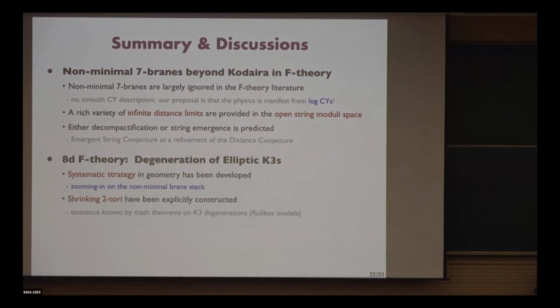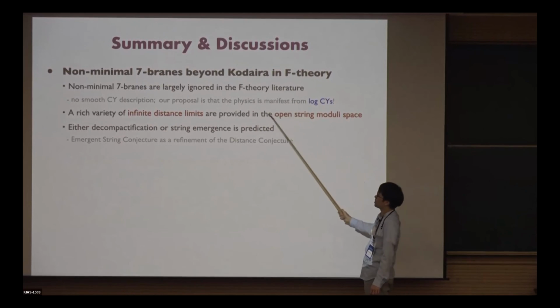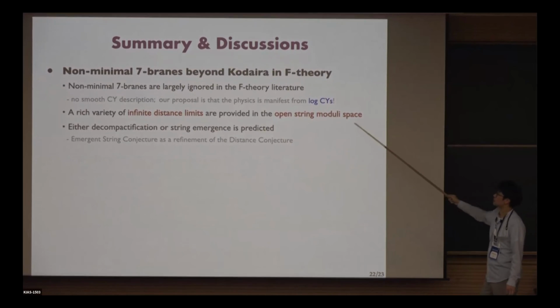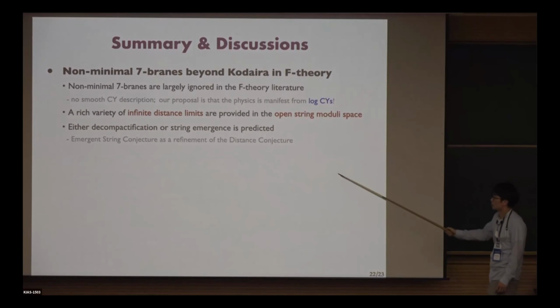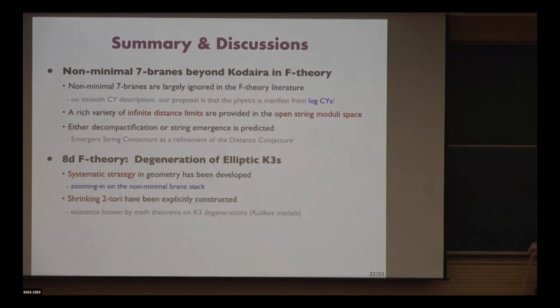In any case, such non-minimal 7-branes provide a rich variety of infinite distance limits now in the open string moduli space. And this challenges the emergent string conjecture because the conjecture had mostly been tested in the closed string sector of the moduli space. So what happens?